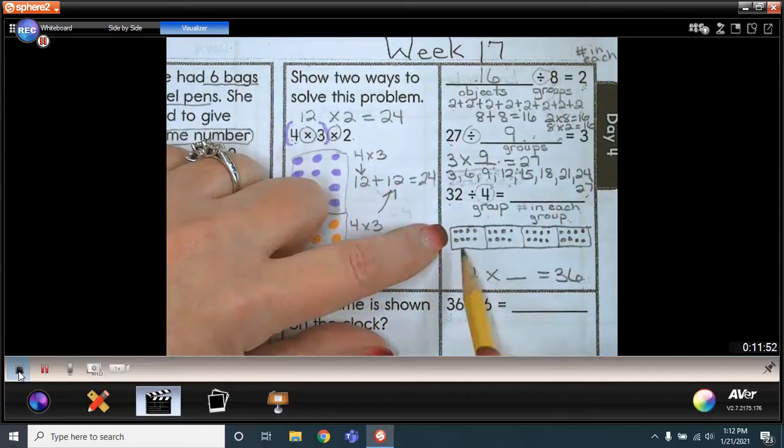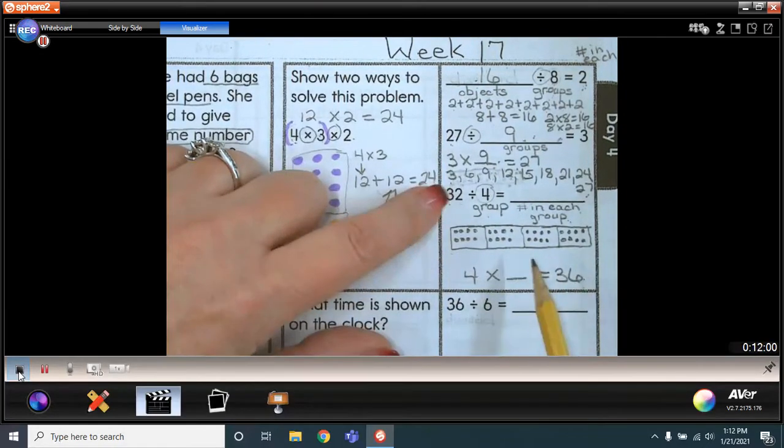So I was a little quicker in being able to put these objects into equal groups, counting by 2s instead of just going 1 at a time, since this is an even number.